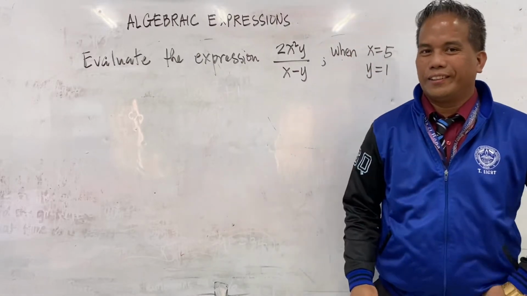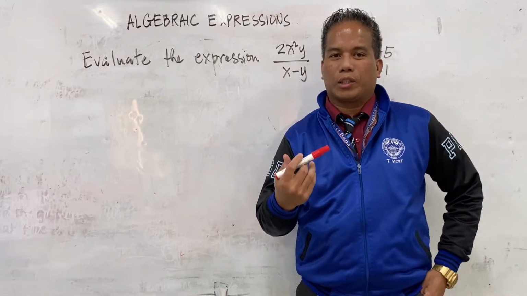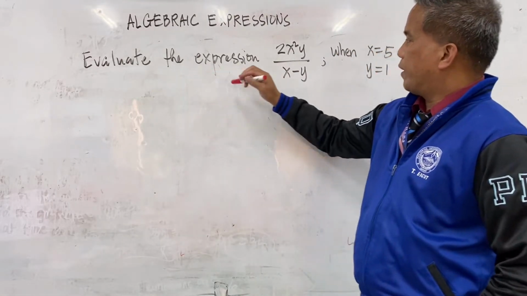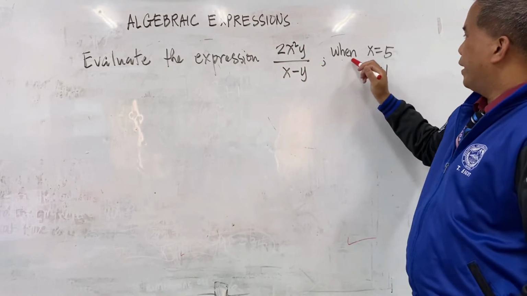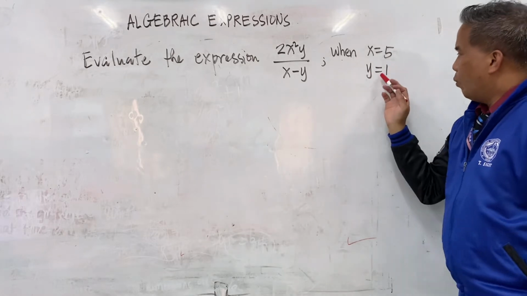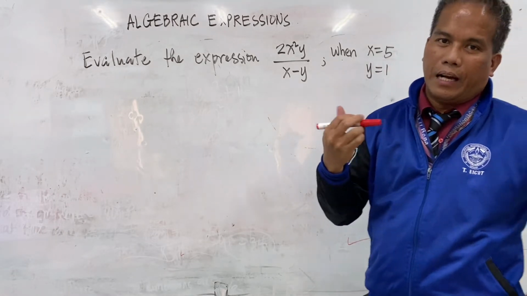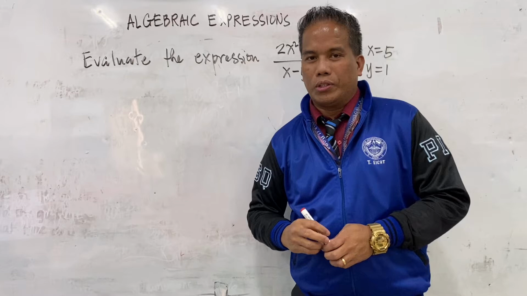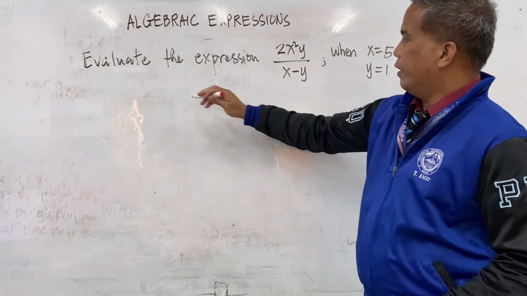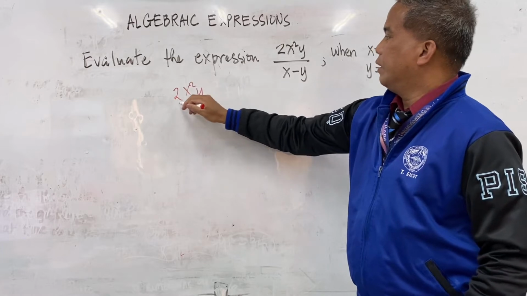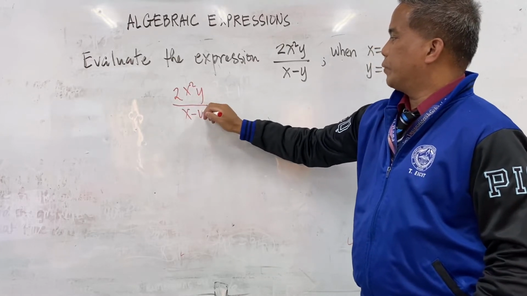Okay, next question about evaluating algebraic expression. Evaluate the expression 2x squared y over x minus y when x equals 5, y equals 1. Again, you are going to apply substitution here. Just copy the given. We have now 2x squared y over x minus y.